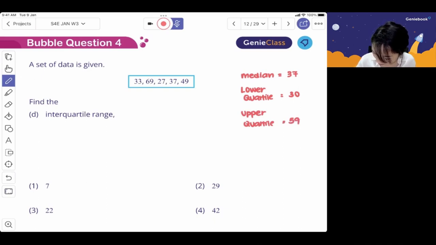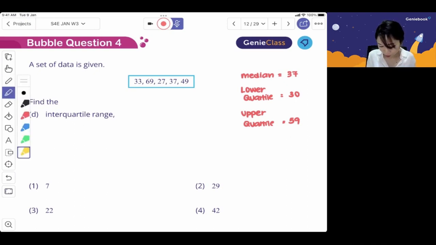This time we are asked to find the interquartile range. You have 30 seconds for this. Your time starts now. Remember, you're finding the interquartile range. Just break down what the word means. What does the word inter mean? And what quartiles do you have? Inter means in between, right?